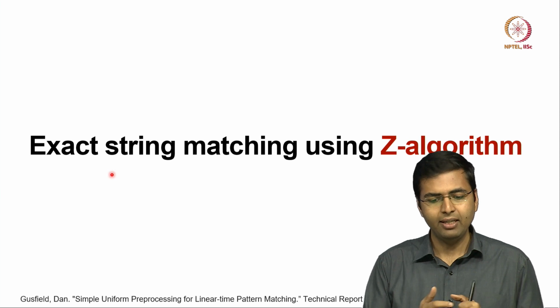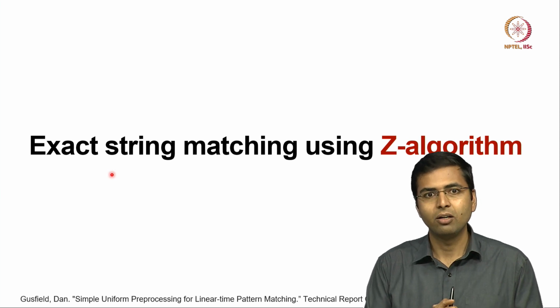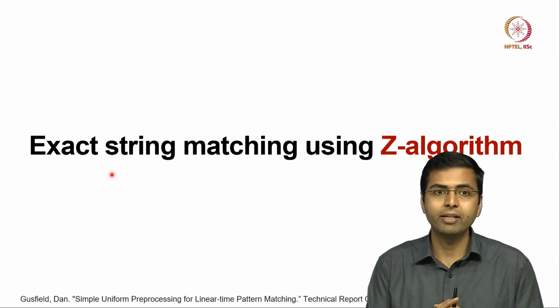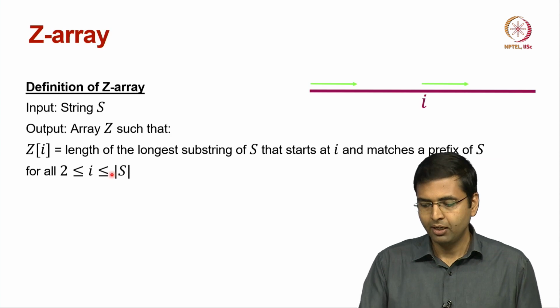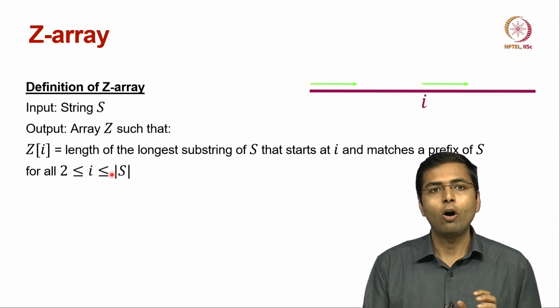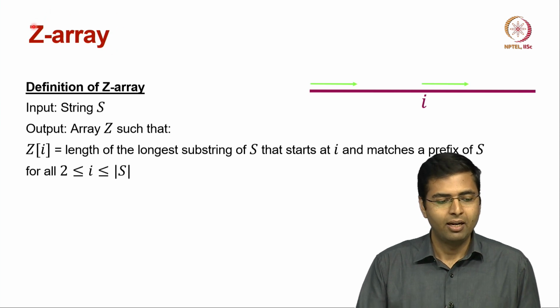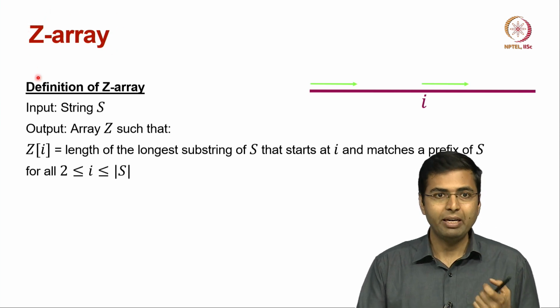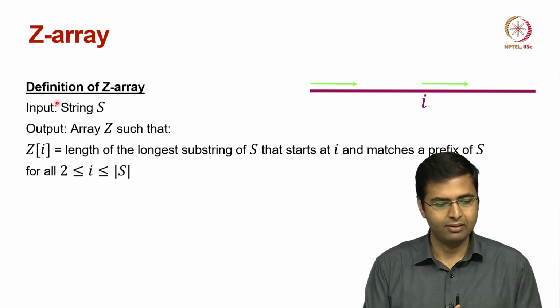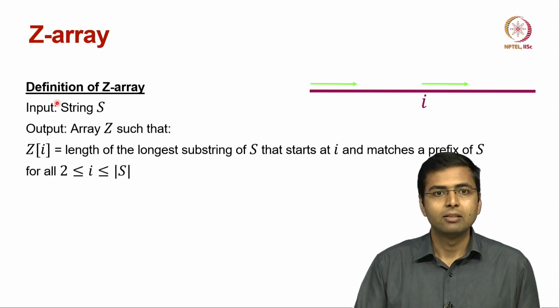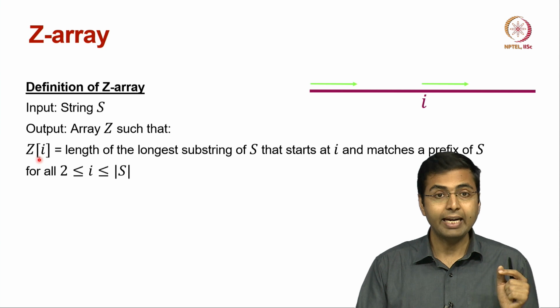Let us see how the Z algorithm helps us solve the exact string matching problem. The main ingredient of the Z algorithm is going to be the Z array. Let me define what I mean by the Z array. Suppose you have a string S. Array Z is defined in the following way, where each entry in this Z array is, let's say, Zi.